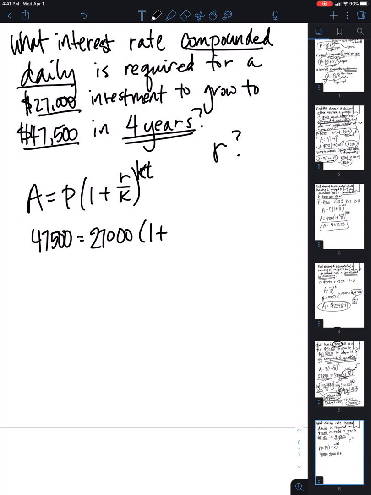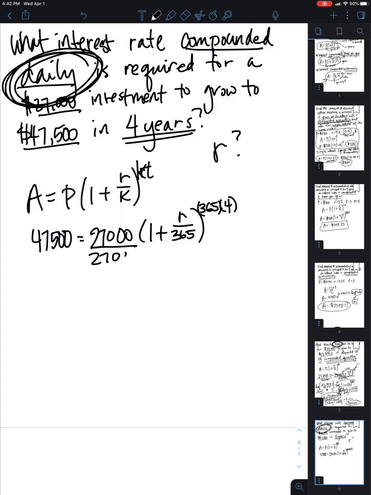It's a little trickier because we're looking for R, which is kind of in the middle of our problem here. Oh, sorry. K is not 4. K is this daily. So K is 365. And this is 365 times 4. Okay, so I'm going to divide 27,000. So that gets rid of that.